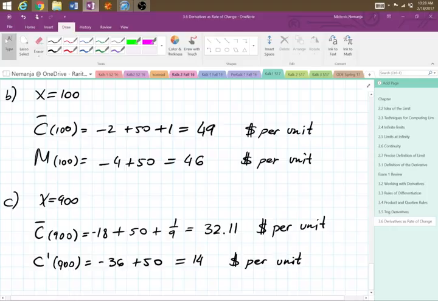So this model predicts that the more you make, the less cost you have in terms of production. And you can see that, right? Even the average one falls in production. Why is that so? Remember, you set up a factory only once.